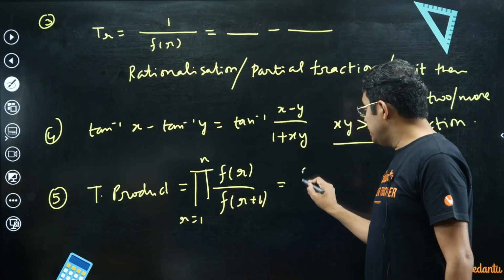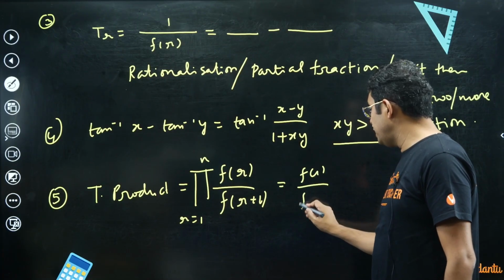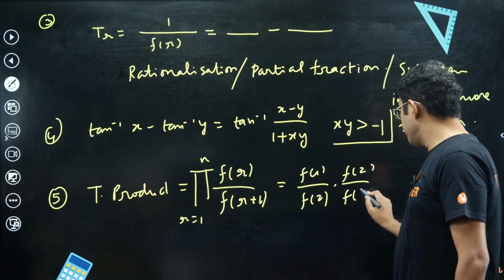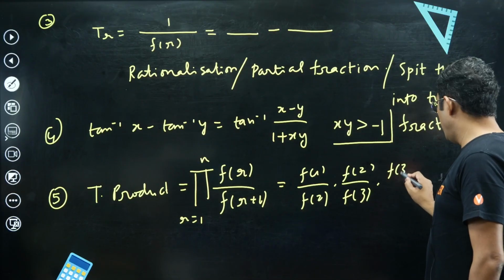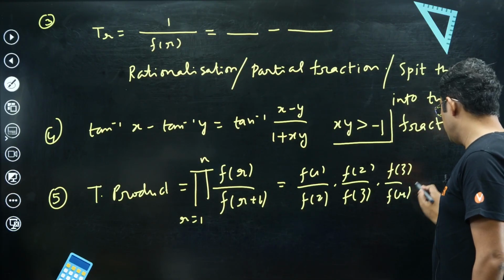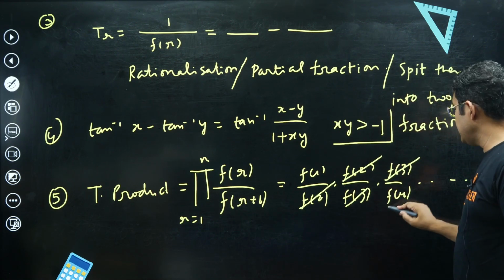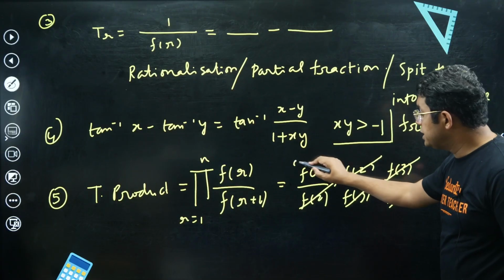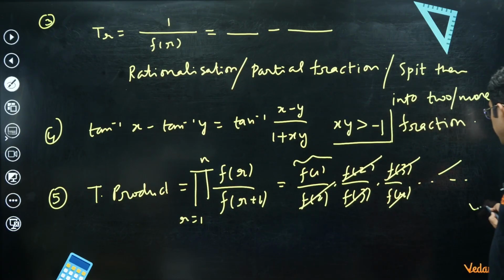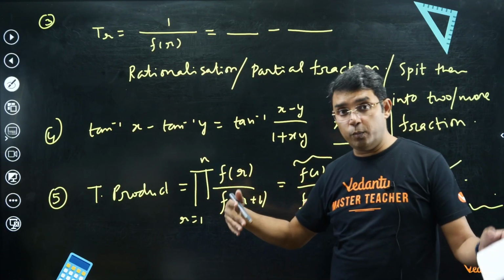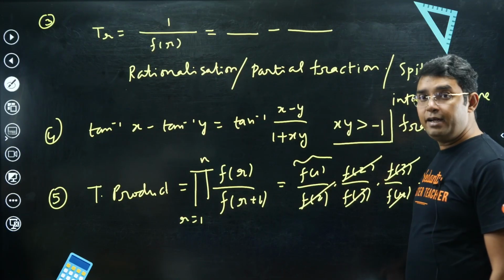So you will see they will cancel each other: F1 upon F2, F2 upon F3, F3 upon F4, and so on. You can see F2 is cancelling this, F3 is cancelling this, F4 will be cancelling the next one. So this term is remaining and there will be one term in the end that will remain. So your continued product, or telescopic product, you can say, will be found that way.